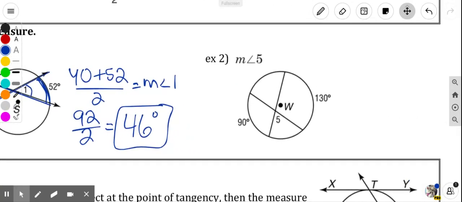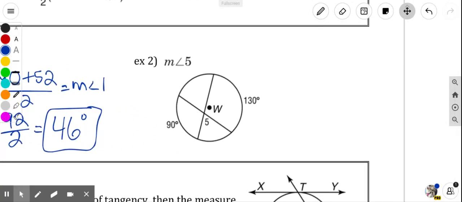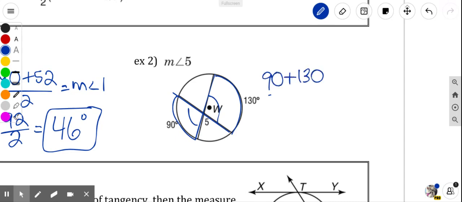Example 2, you have to take it one step further, but still same idea. These are secants. Even though they don't go all the way through, they're segments. They're technically chords, but they're also considered to be secants. So these 2 secants create this arc and this arc. And so we can find these angles. So we can do 90 plus 130 and divide by 2. 90 plus 130 would be 220.